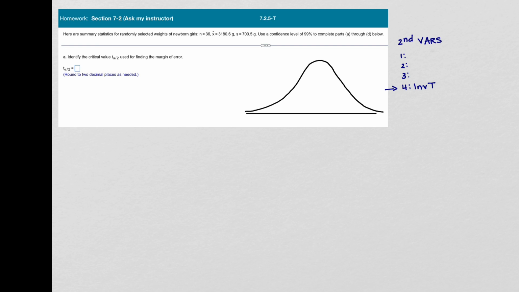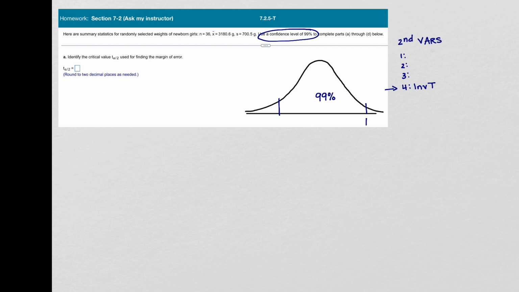So inverse t, what I'm going to do is I look at what is my confidence level. In this problem, it's 99%. And so I'm going to block off the middle 99% because it's a confidence level, so it has to be in the center.